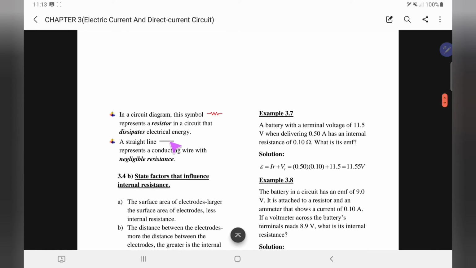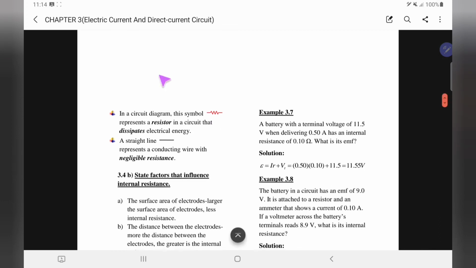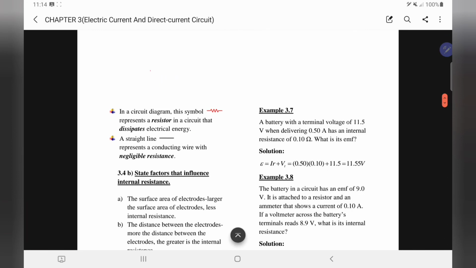Normally for any wire, the resistance is too small, so we may ignore it. But for this symbol, the resistance cannot be ignored, because the value is not too small, including the internal resistance. But the internal resistance should be smaller than the external resistance normally.